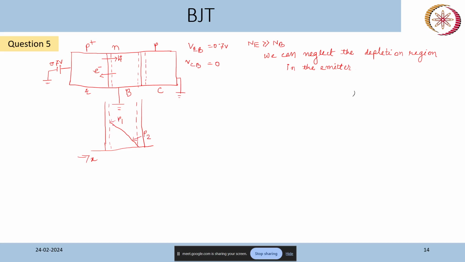So P1 and P2 are the excess hole concentrations and this is the effective base width WB.